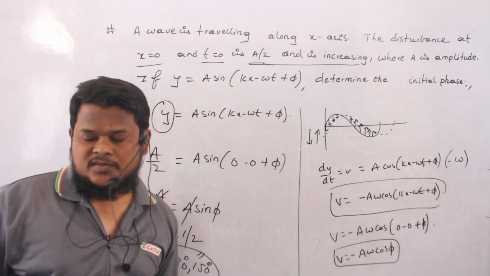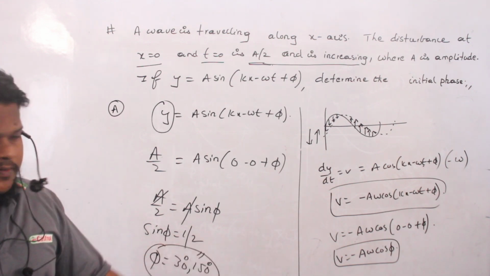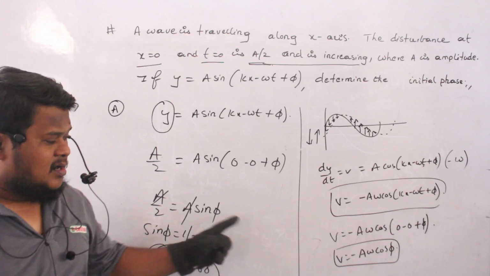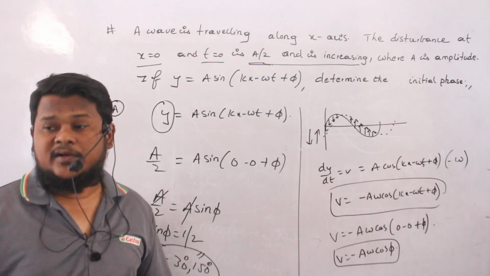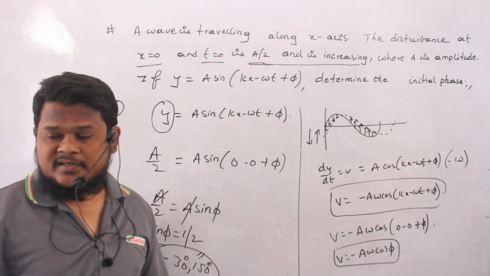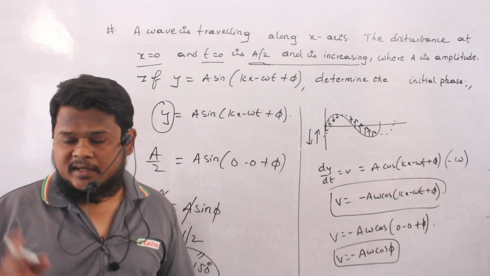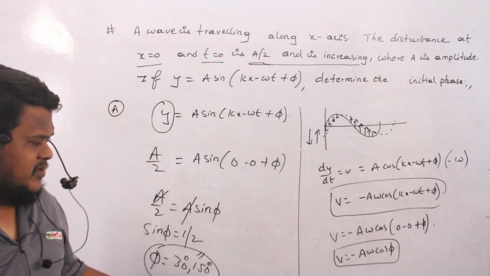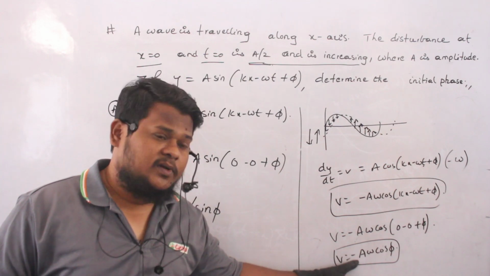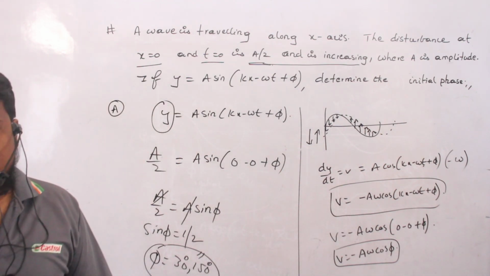So out of the two values, 30 and 150, which one do I substitute so that my velocity becomes positive? Yes, 150 degrees, because cos 150 is negative. Cos 150 lies in the second quadrant, and in the second quadrant the cos theta value is negative. So negative of negative becomes positive.